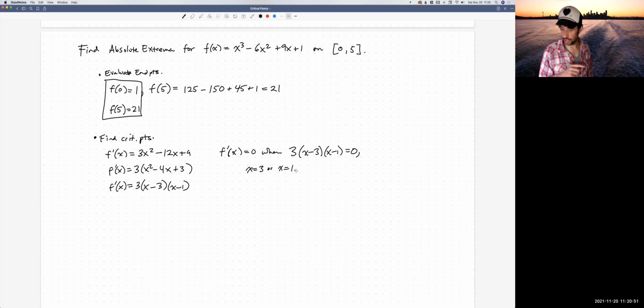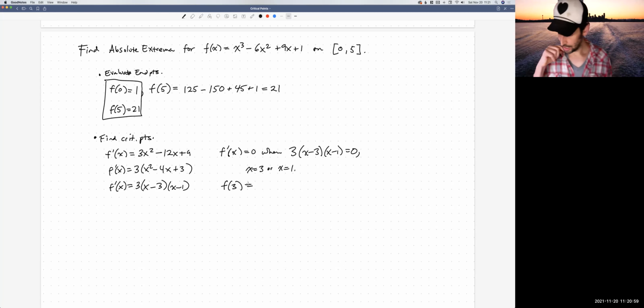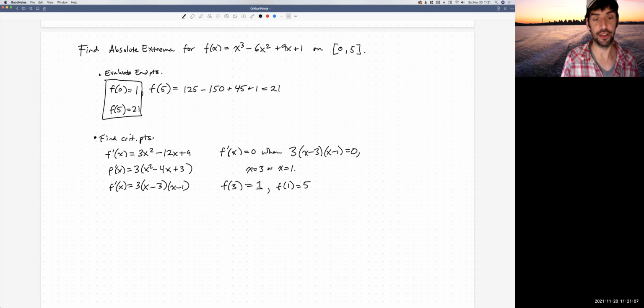So I've got my two critical points, x equals 3 and x equals 1. So let's evaluate there. F of 3 turns out to be 1. And f of 1 turns out to be 5.